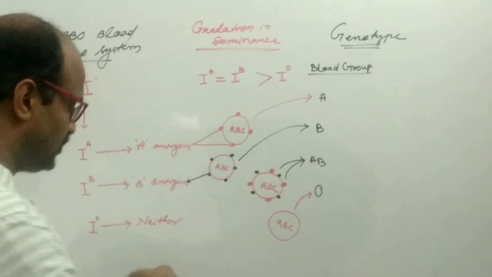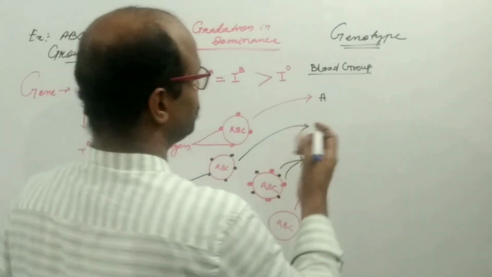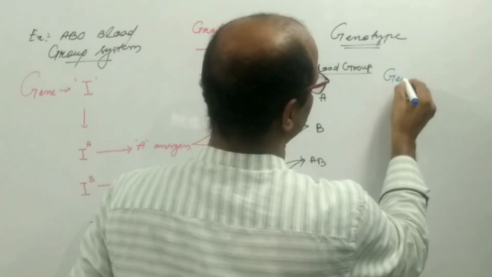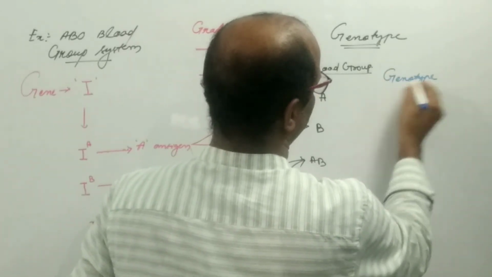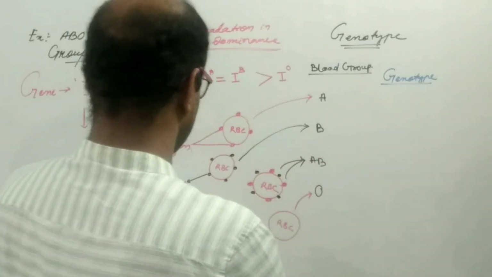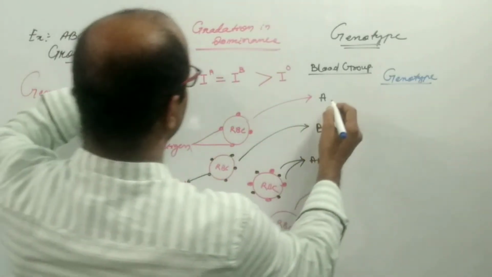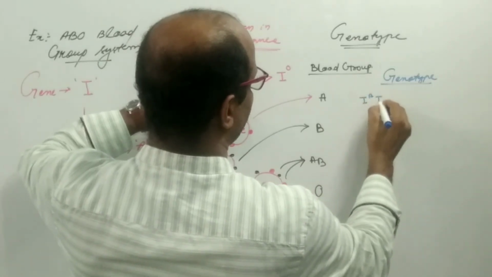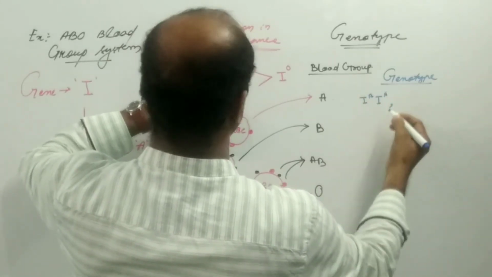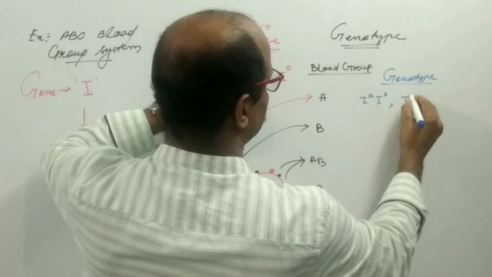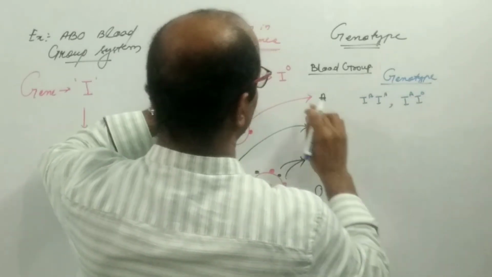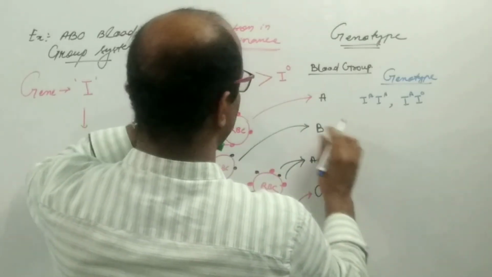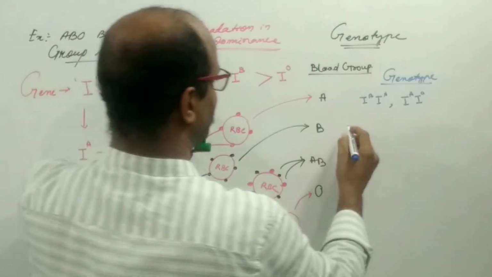So what will be the genotype? Come to the gradation. In case of A blood group, homozygous IAIA or IAIO, as IO is recessive. AB is not possible because this is codominance.